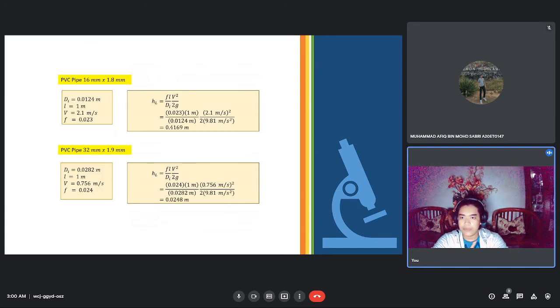For the PVC pipe with 16 times 1.8 millimeter, the head loss is 0.4169 meter, and the last is PVC pipe with 32 times 1.9 millimeter. The head loss is 0.0248 meter.